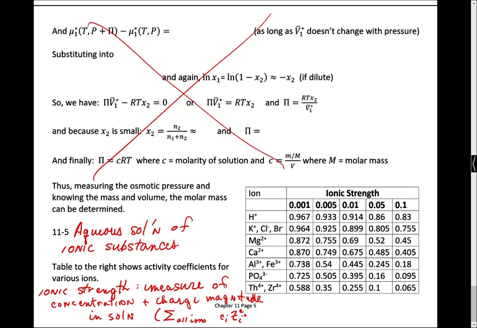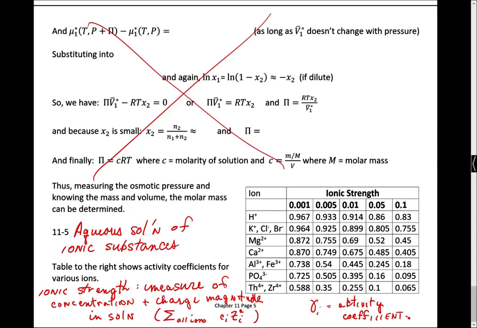All right, and then this table is in terms of ionic strengths. That's why I wanted to talk about that, okay? All right. And what we recall is that gamma, the activity coefficient, has what value for an ideal solution? 1, right? And so what that says is that if it deviates from 1, I have a non-ideal solution, okay?